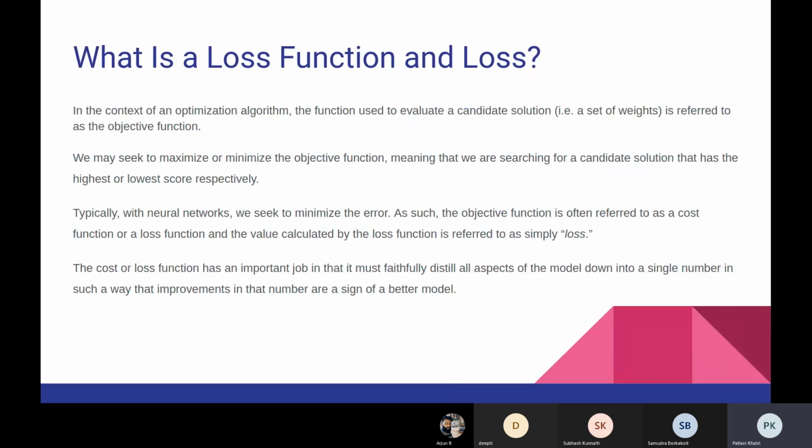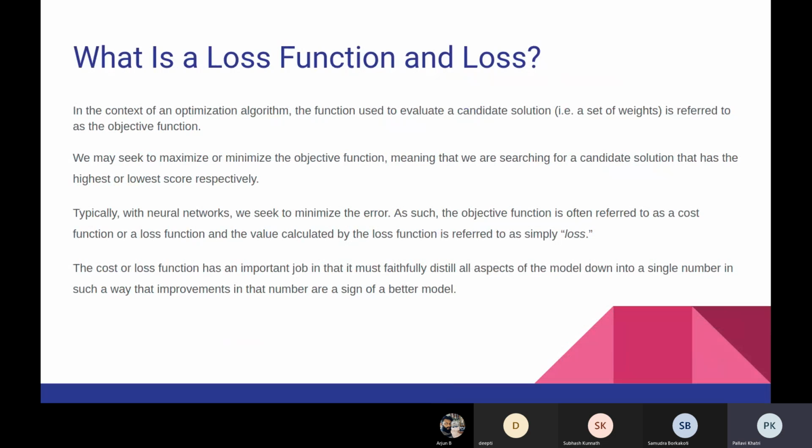The cost or loss function has an important job: it must faithfully distill all aspects of the model down to a single number, in such a way that improvements in the number are a sign of a better model. As I said earlier, getting a 2% error does not always mean my model is better.